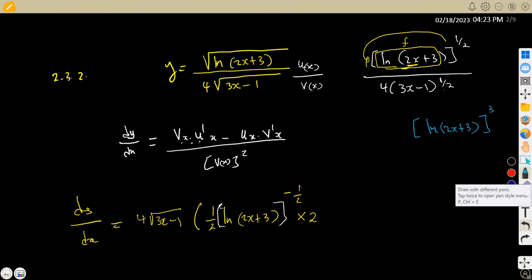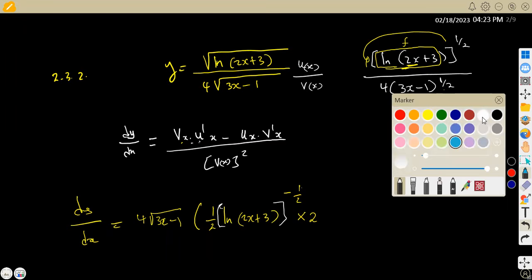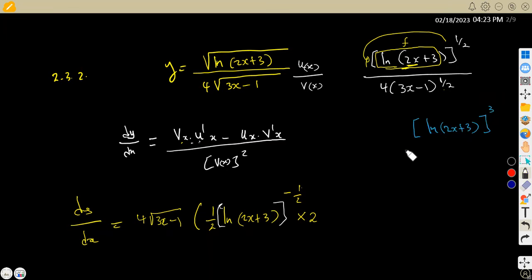It's like you have taken this to be a function, all right? This to be a function that you're going to find its derivative, all right? Then after finding its derivative, this is to the exponent of the half. This is to the exponent of the half, sorry. So it's like you are finding the derivative of this function, which is the ln.